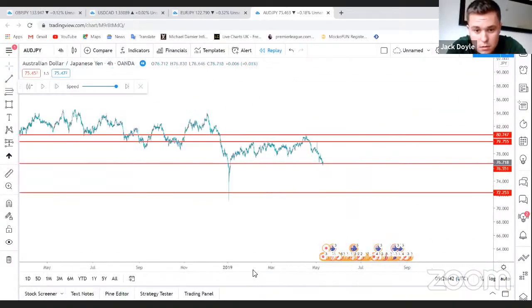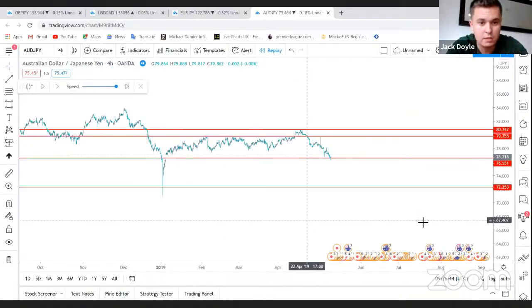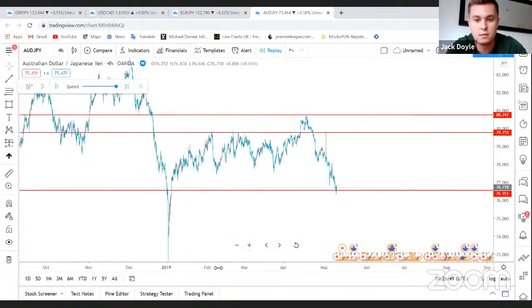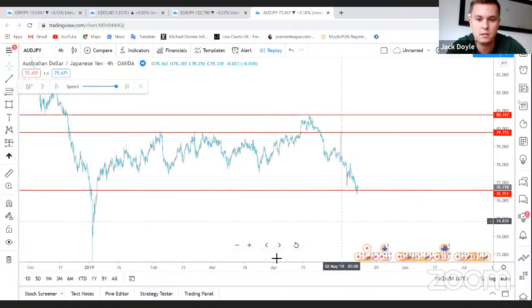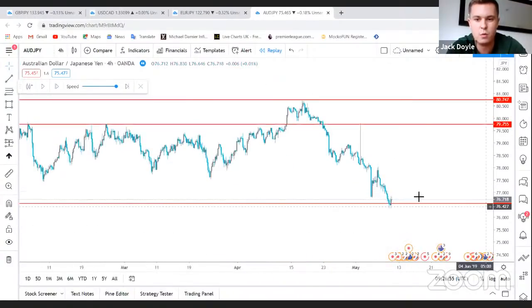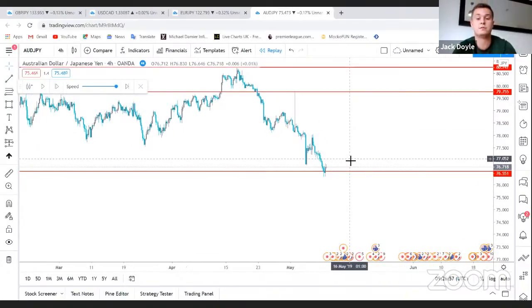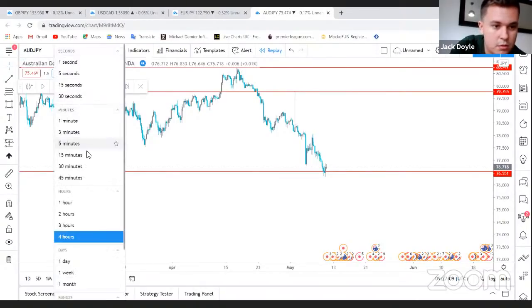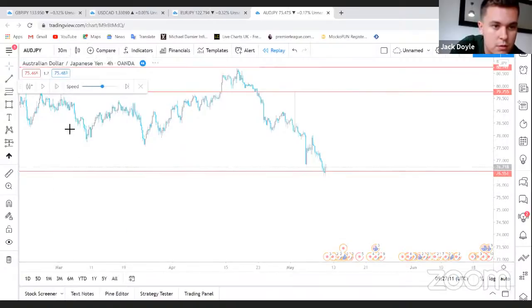Then I'll probably do the same the way you were saying. I was able to catch at least a 1-to-1 on the first move. Usually on the 4 hour, 1 hour, I'd wait for a break of my daily or 4 hour levels, and then scale in on the 30 minute and wait for confirmations. I'll slow this down. I'll even go to 30 minute now because it's quite close.